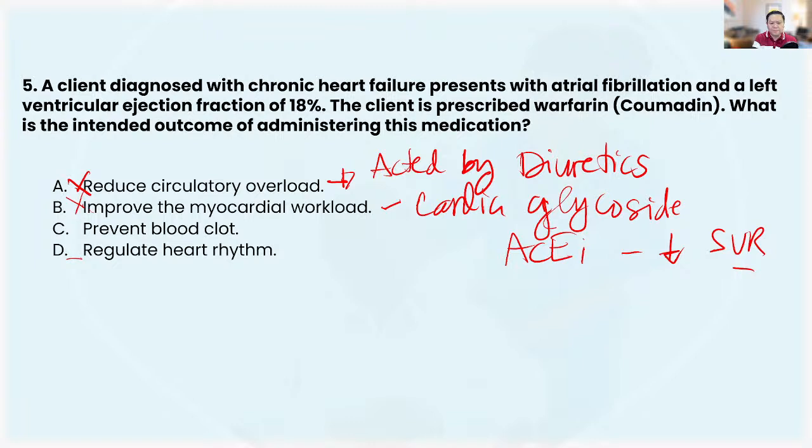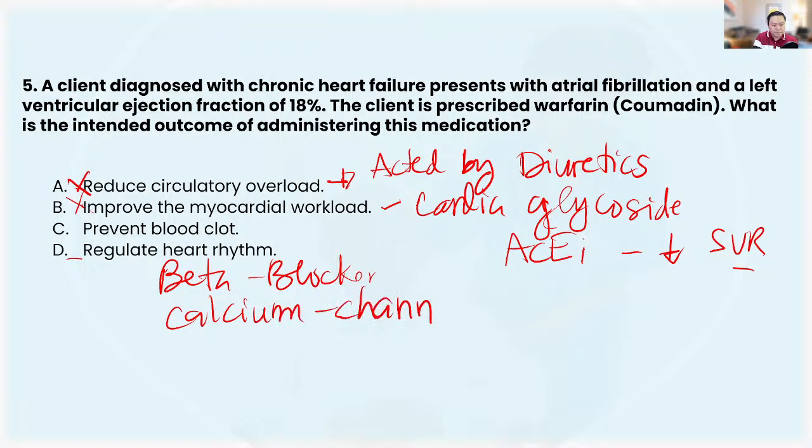Regulate the heart rhythm. Well, it doesn't do that, okay? So the Coumadin does not regulate the heart rhythm. What can do this are those other medications such as what? The beta blocker, or maybe the calcium channel blocker. The Coumadin doesn't have that therapeutic effect in regulating the heart rate.